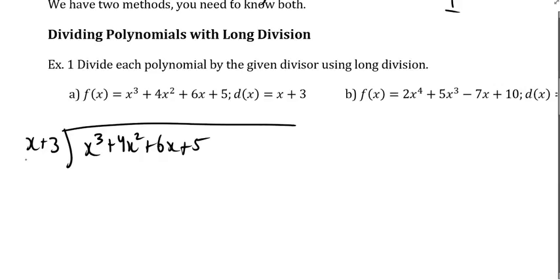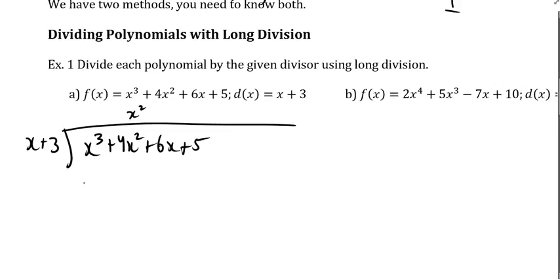So we start with the x. How many times does x go into x cubed? x squared. Put it over the x squared term. Then I take that x squared and multiply it back by everything in what I'm dividing by, x plus 3.